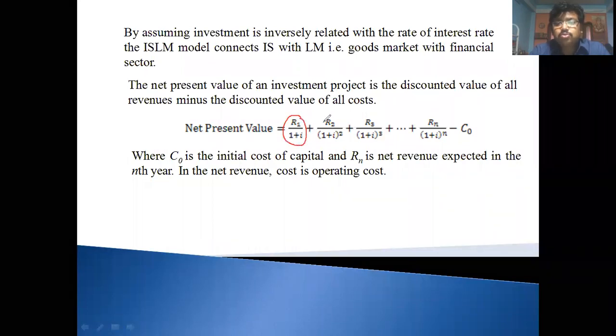If you get R2 after the second year, then the present value of the return is R2 over (1 plus i) squared. In the same way, if you earn Rn in the nth year, the present value of that amount is Rn over (1 plus i) to the n. So net present value is the summation of all these present values minus the cost.